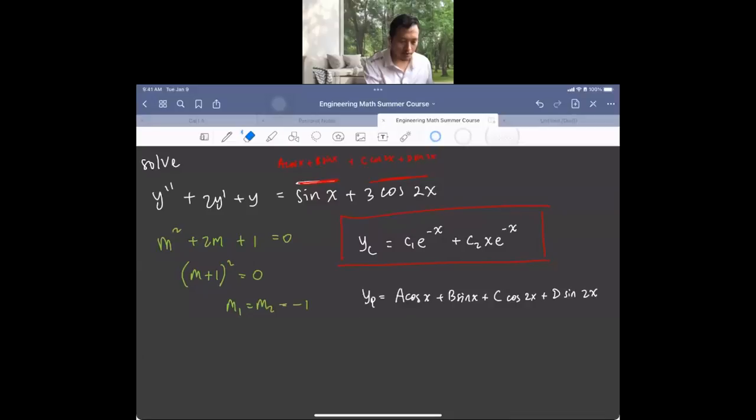We need to substitute into our differential equation. So we first differentiate one time.